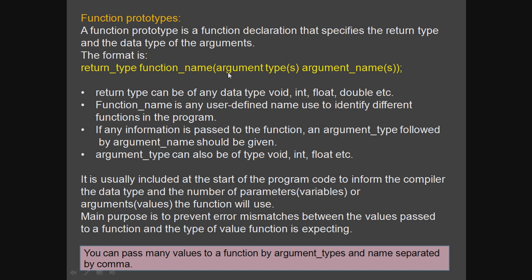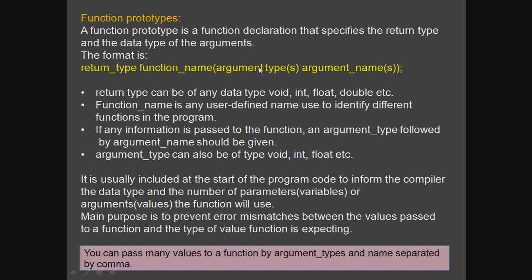Clear? So you can pass as many parameters or variables as you want. For the time being, I'll use the word variables for the word parameters. I'll be using them interchangeably, so you get used to that. Parameters means the variables, arguments means the values stored in the variables. So you can pass as many parameters as you want, as long as they are separated by commas. Clear?